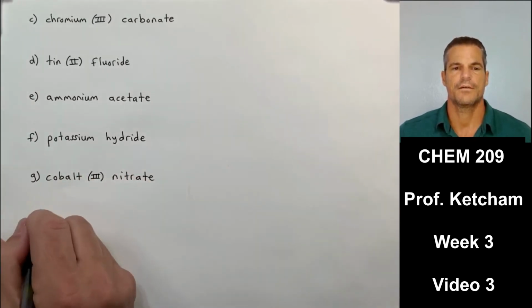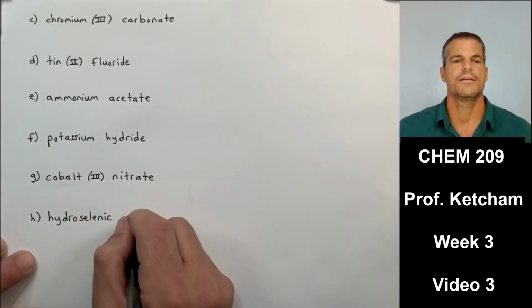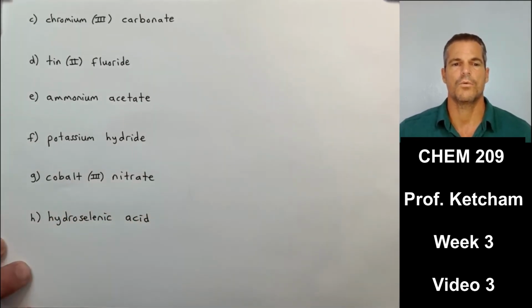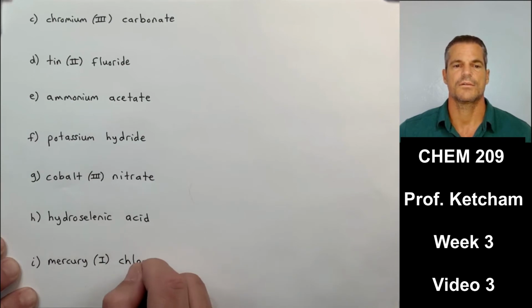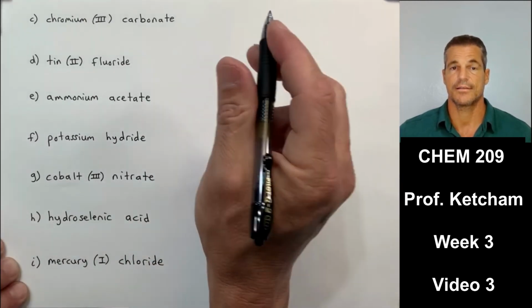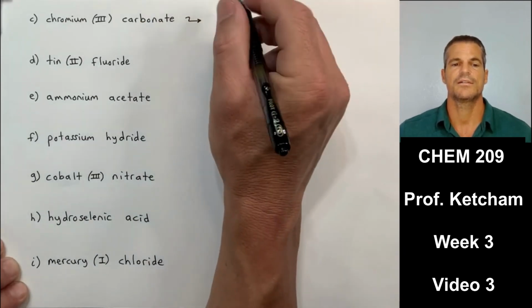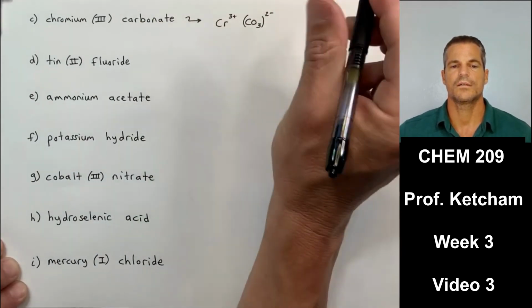F is potassium hydride. G, cobalt, Roman numeral 3, nitrate. H, hydroselenic acid, gives us the name acid, which is nice. I, mercury, Roman numeral 1, chloride.